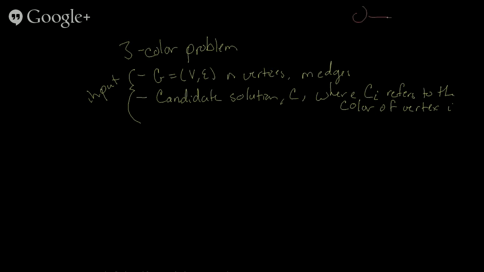If this was your G, and you have 1, 2, 3, 4, and you had them all different colors. So let's say number 1 was green, and number 2 was blue, and number 3 is also blue, and number 4 is orange.